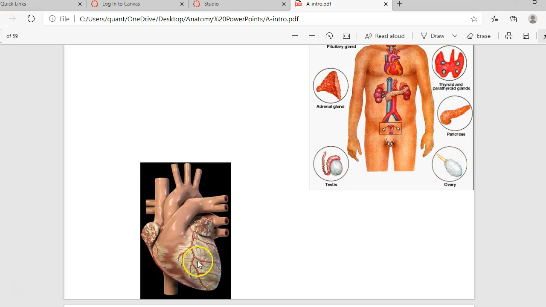Not counting the vessels on the heart itself, but the ones away from it. So arteries carry blood away from the heart as a general rule, and veins carry blood to the heart. That's about as complicated as we're going to get. We're not going to worry about which ones are oxygenated and deoxygenated because it gets a little complicated in places.